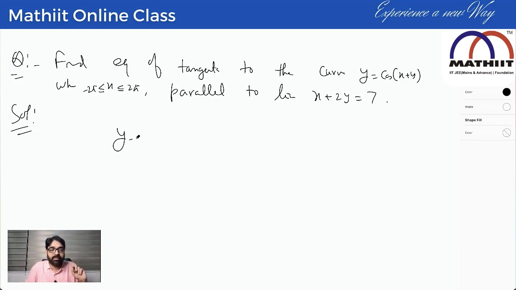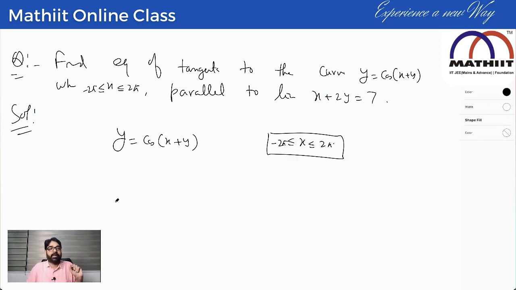One, the curve equation I am having, and this curve equation is limited to this condition, so I have to respect this condition. Second, I need the point of tangency, which is missing. They did not give you the point of tangency. You have to assume we are drawing the tangent at x, because we need the point of tangency. Now I will not find the tangent equation first. I will find the point of tangency, because until I find this, I will not proceed further.